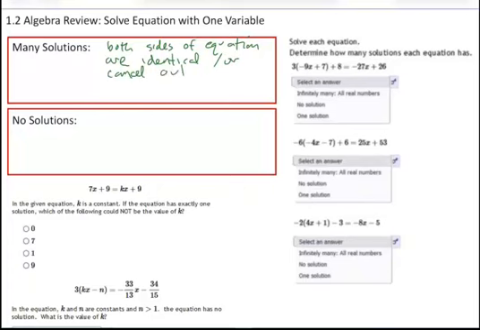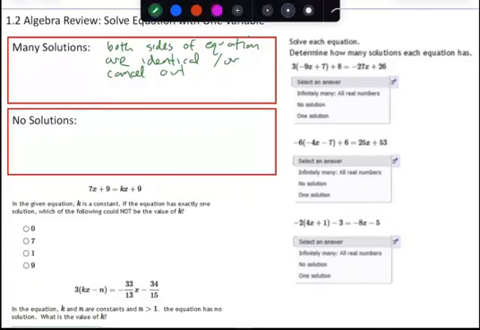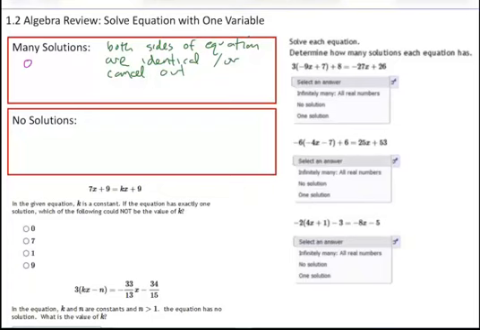So what you will wind up with is 0 equals 0, or 5 equals 5, or x equals x. Both sides are going to be the exact same thing, and this is going to be always true. And if it's always true, then there are infinitely many solutions.